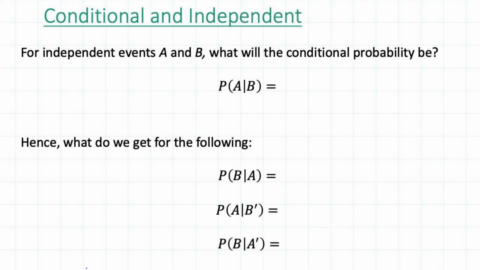And then just a quick exercise here on, again, combining conditional and independent. This is just to familiarize yourself with how the rules happen. So if the events are independent, which we've seen on the previous slides, what will the conditional probability be?